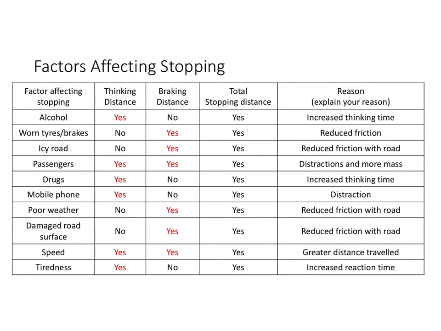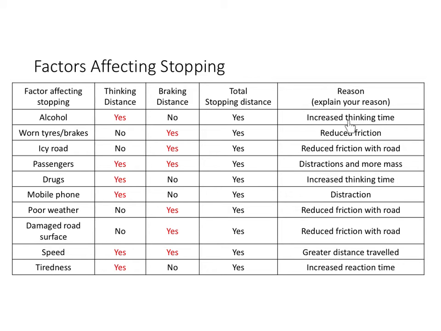Right, factors affecting stopping. These are the factors that affect stopping. You may be asked in an exam to explain or give 3 ways that stopping distance can be affected. Some of them affect only thinking distance, so alcohol, and it's important that you say it increases thinking time.